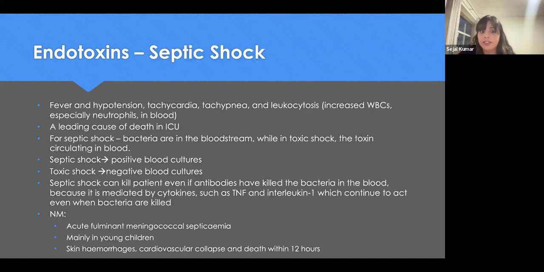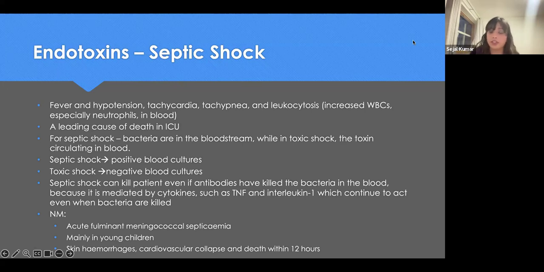So the big bad thing that endotoxins can lead to is septic shock. As mentioned two slides ago, they can lead to fever, hypertension, tachycardia, tachypnea, leukocytosis. These are all things which you can see in septic shock as well.